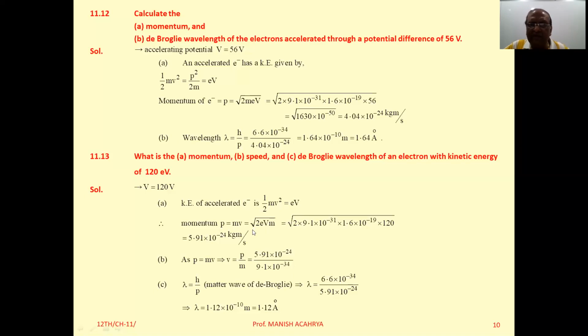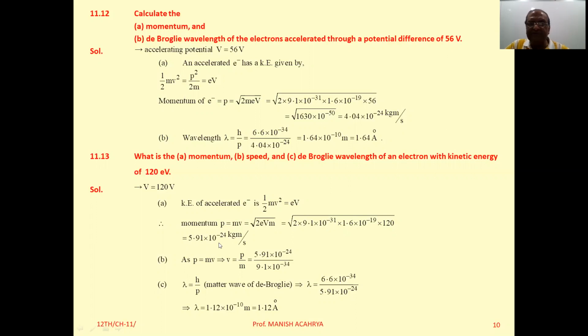So when kinetic energy of the electron is 120 electron volt, it implies that it is accelerated with 120 volt. So here substitute the values. 2 into mass of electron, that is 9.1 into 10 raised to minus 31, charge, that is 1.6 into 10 raised to minus 19. It is accelerated with potential difference of 120 volt. Solve it, you will get momentum.